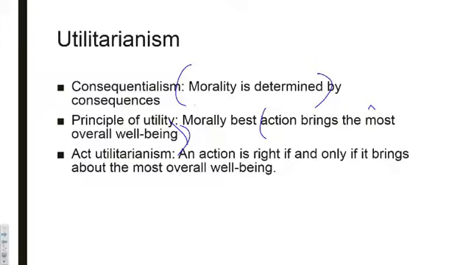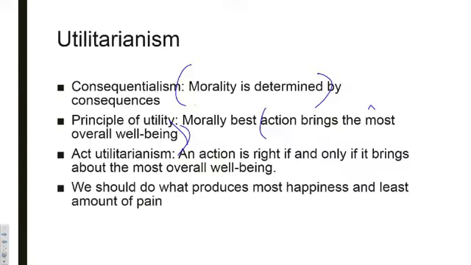Okay, what this means is if you're going to perform an action, you have to consider the consequences. You have to consider which actions are going to produce the most happiness and the least amount of pain. Okay? So what we are supposed to be doing is producing the most happiness and the least amount of pain.